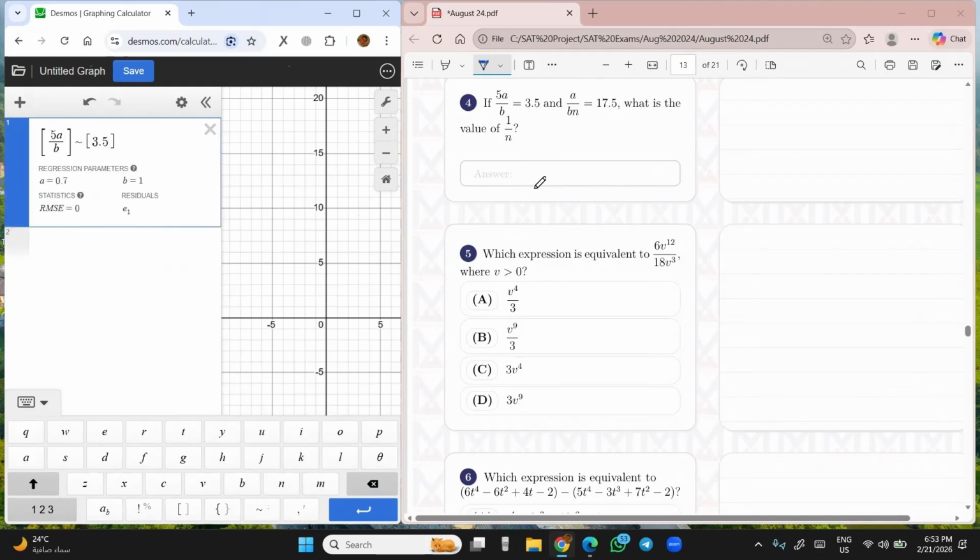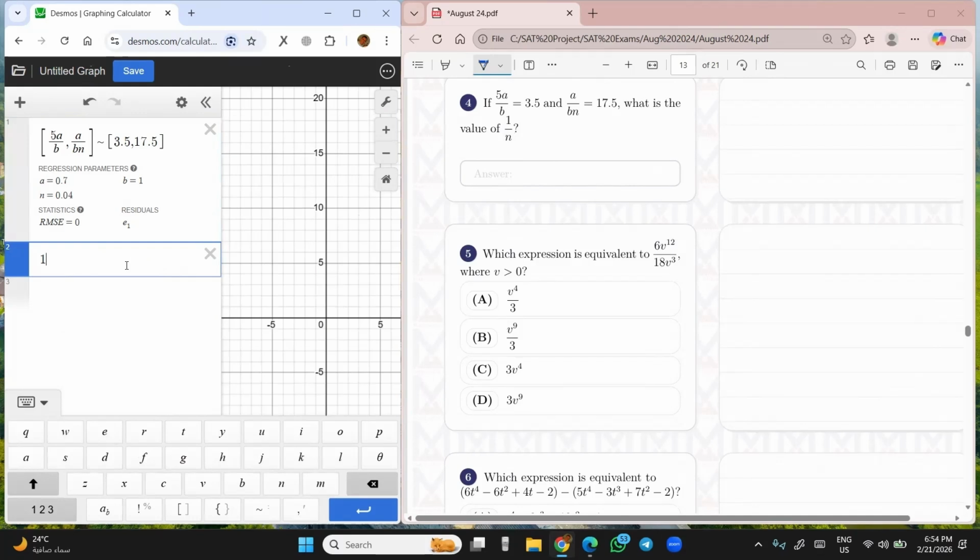Then we go left again. After the comma, we write a over bn, and this will be equal to 17.5. The question gives us some information about some values of a, b, and n, but we need to get the value of 1 over n. So we can write down here 1 over n equals, and the answer is given as 25. So the answer of this question is 25.